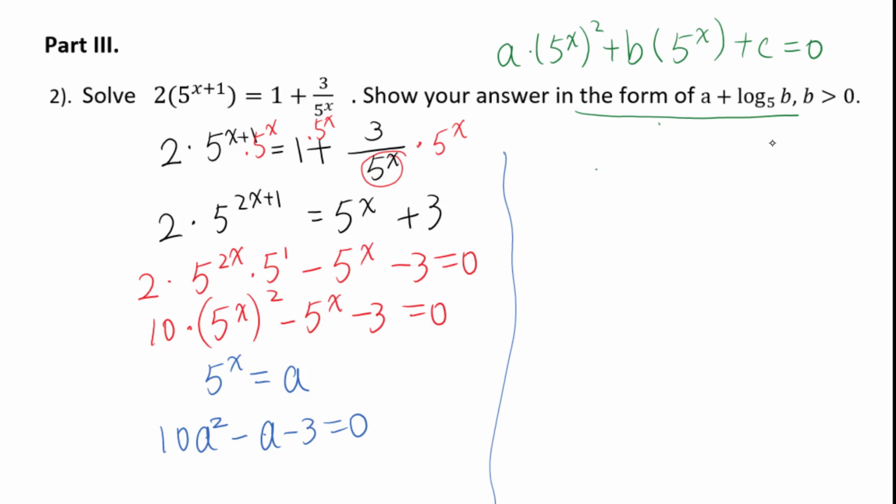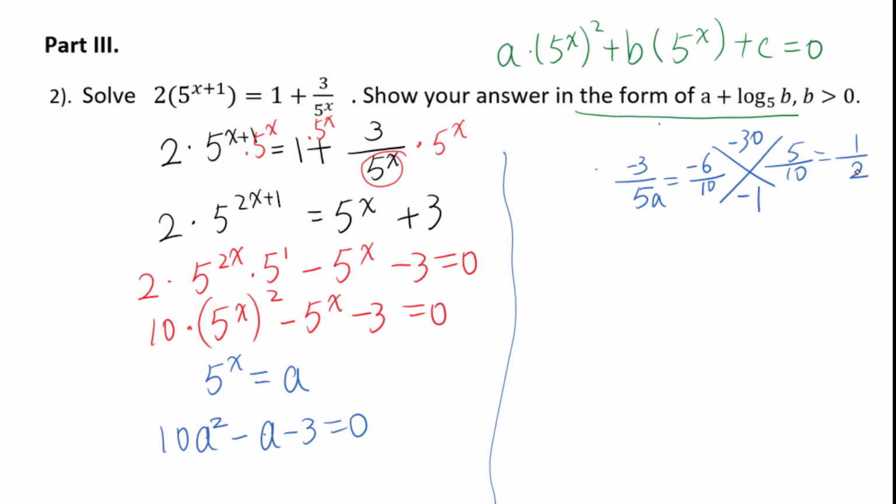Then we multiply 10 and negative 3 to get negative 30, with the middle term negative 1. Factors negative 6 and 5, reduce to 1 over 2 and negative 3 over 5.